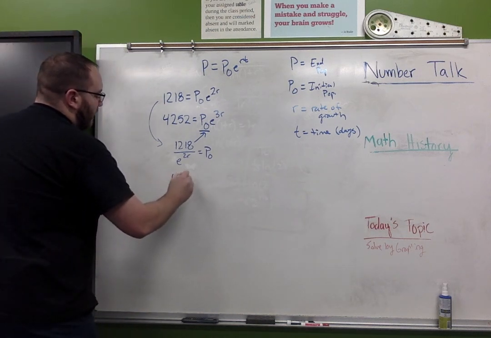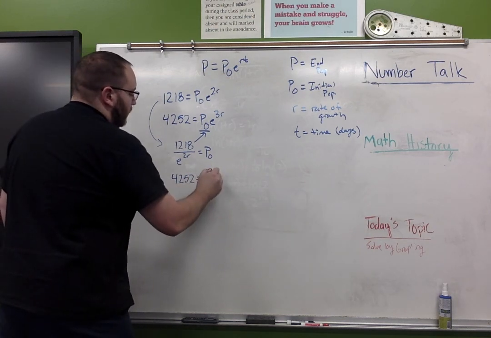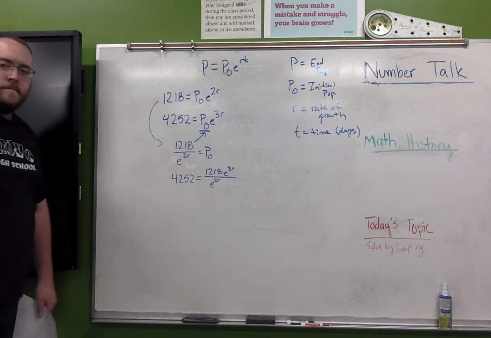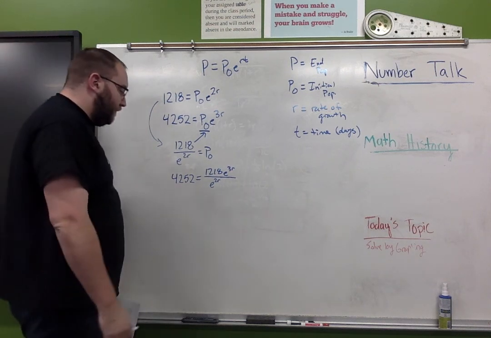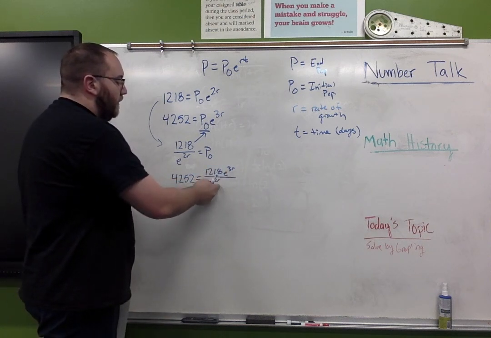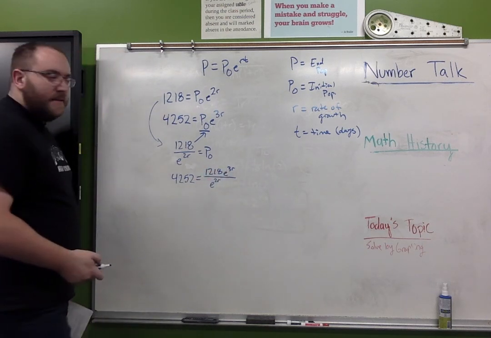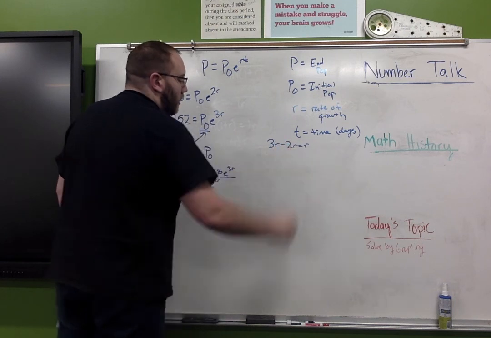So 4252 is equal to 1,218 divided by e to the 2r times e to the 3r. Now let's simplify. E to the 3r divided by e to the 2r. When we divide exponents and the base is the same, we subtract. So we're doing 3r minus 2r, which is just 1r.